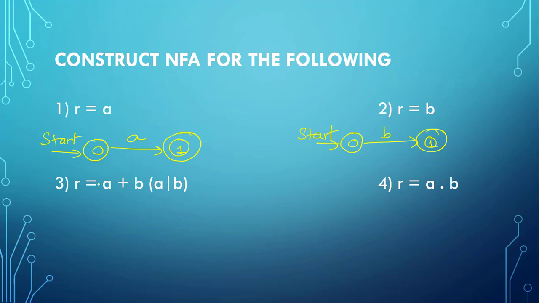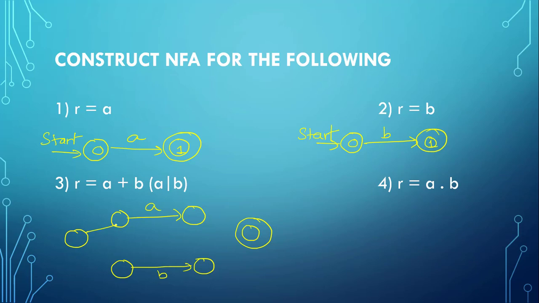Then we have R is equal to A plus B and R is equal to A dot B. So here for A plus B we will have the NFA of A, but here NFA of A will not be treated with a final state as the second state. We will have NFA of B. Again there will be no final state for B, the second state of B. We will add a start state and a final state at the beginning and the end of our NFA.